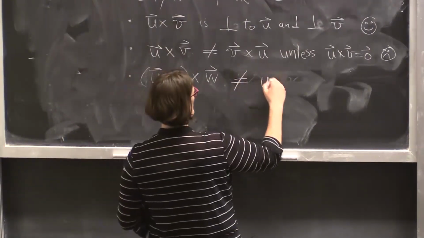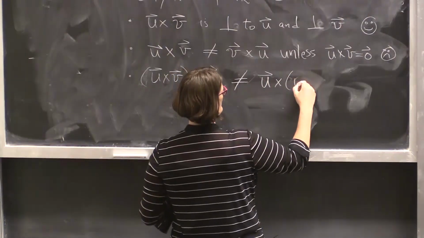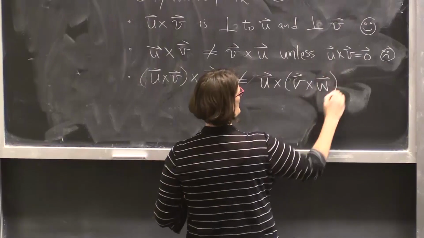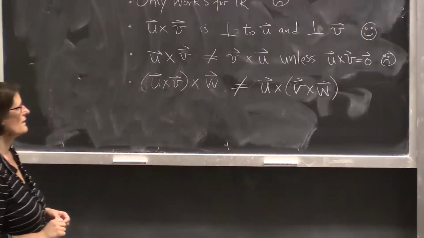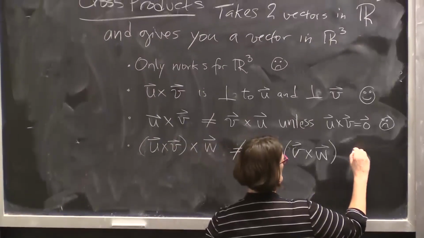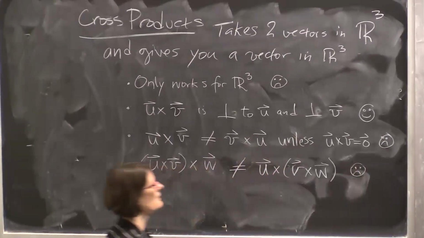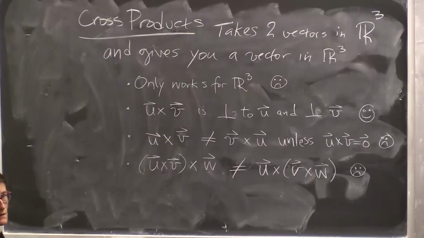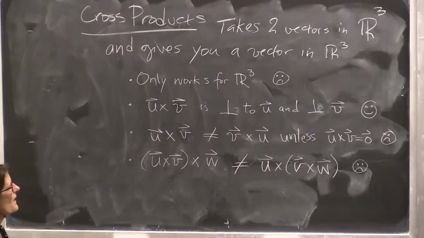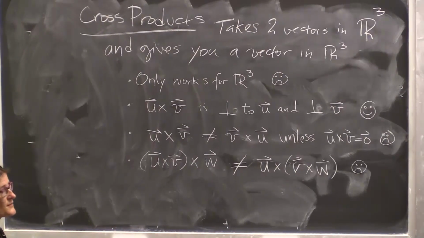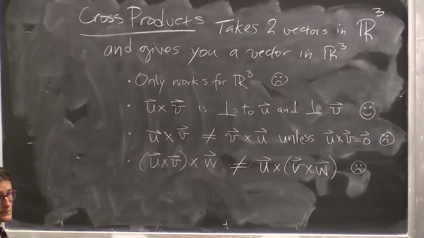This does not equal what you get if you first cross product v with w and then cross product with u. So cross products are more fiddly than dot products, but they are useful, and certainly in physics you need them. So we're going to spend some time talking about the cross product.